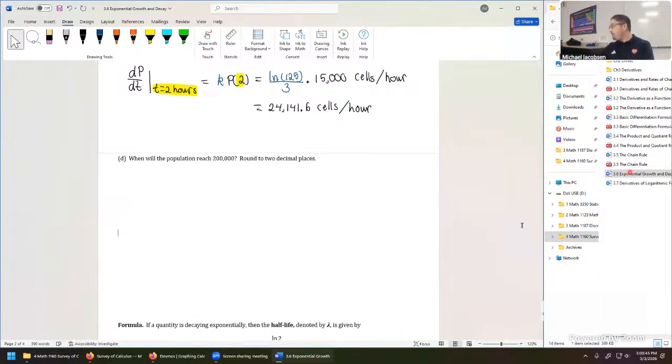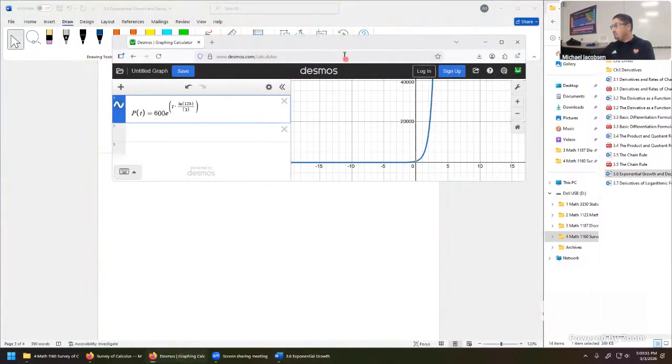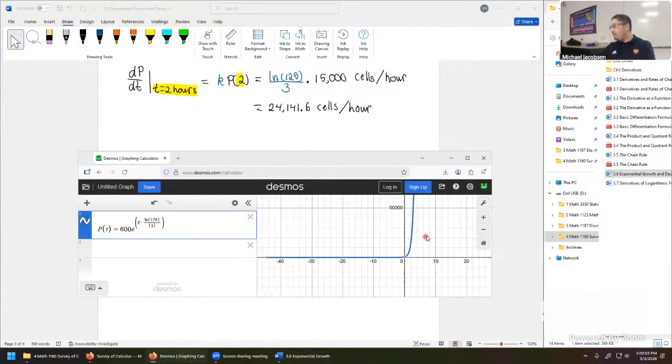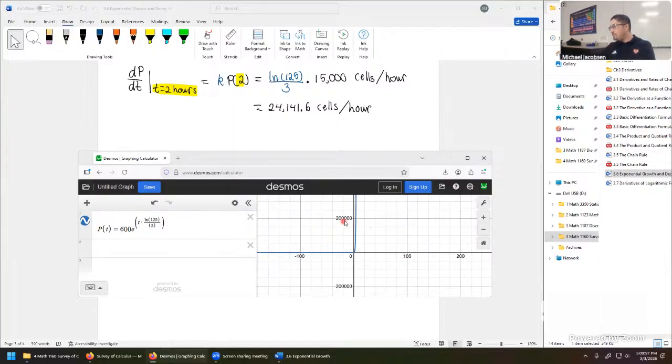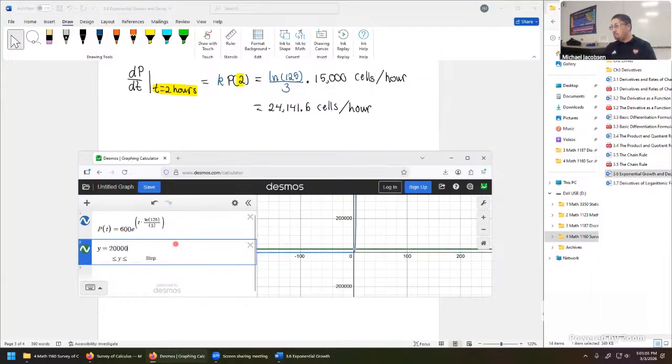So for a different approach without using the formula, here's how we can find when the population will reach 200,000. One thought is, if you have a graph out like this, you scroll way, way out until you see 200,000, put in another y equals 200,000. The intersection of this line and the dot in blue should be about the right time.